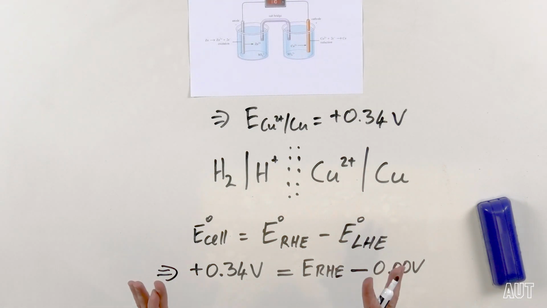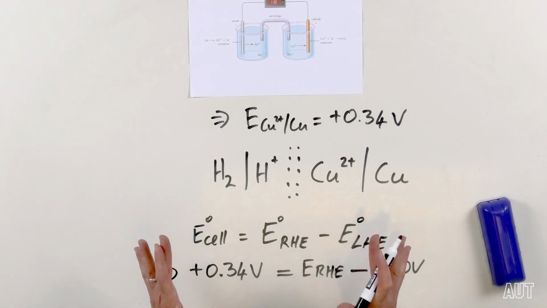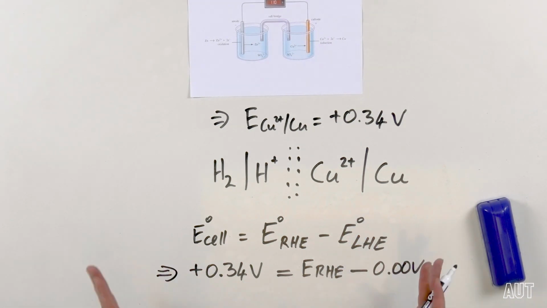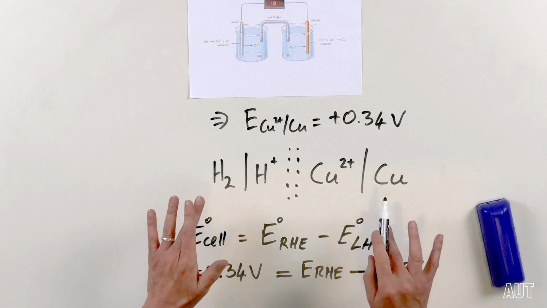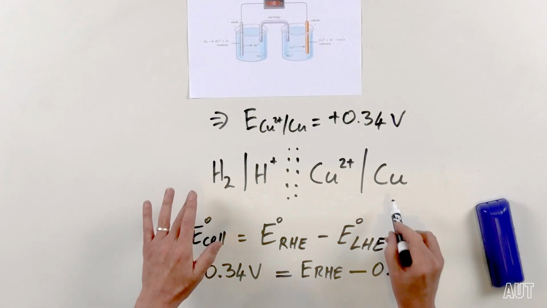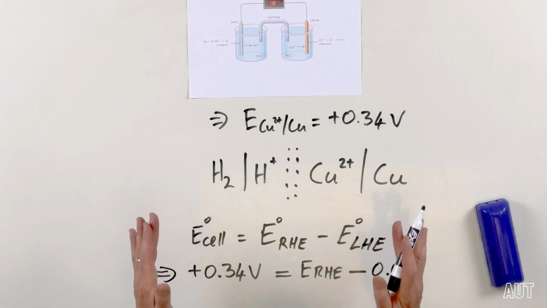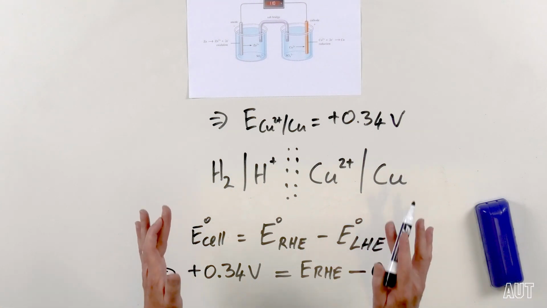Okay. So, what does that then tell us chemically? Because remember, we don't just do this for fun. We want to know what's going on. So what that is saying is that if we do set up this electrochemical cell, it's going to have a positive value of E naught.